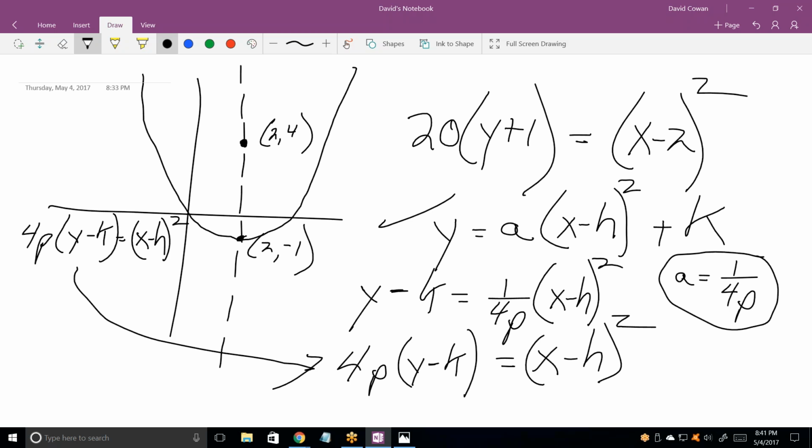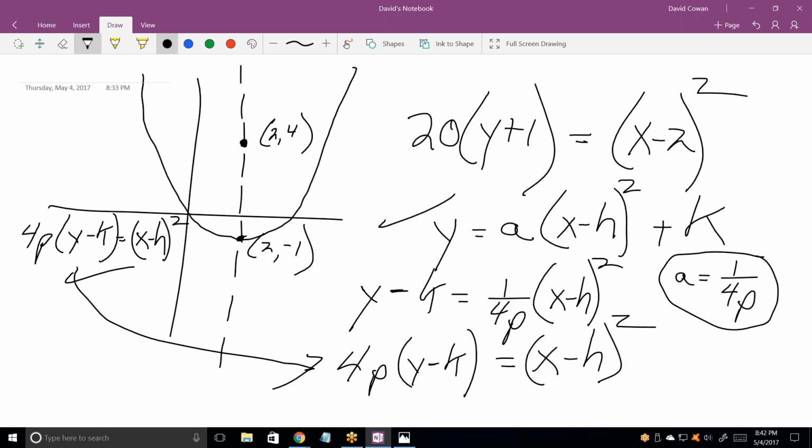The reason this is the preferred equation is because I'm not so concerned with what A is, but I'm really concerned with what P is. I couldn't care less what A is when we're talking about parabolas and where the focus and the directrix are.